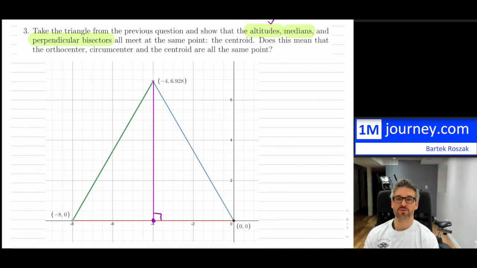So the altitude and the median are exactly the same. Now the perpendicular bisector of that side would cut that line segment in half, which we know is the midpoint, and then would be perpendicular to it, which again is exactly the same thing. So all of these are the same.